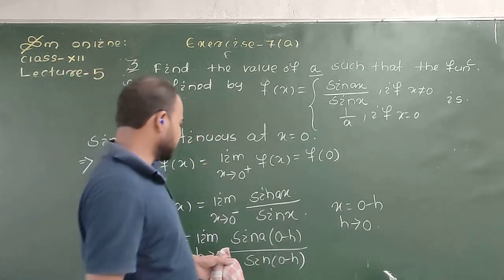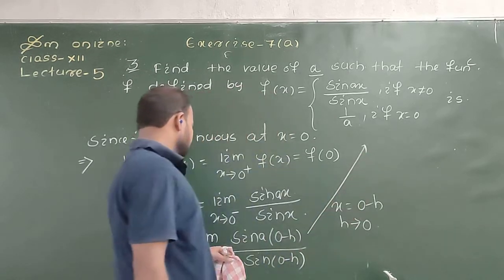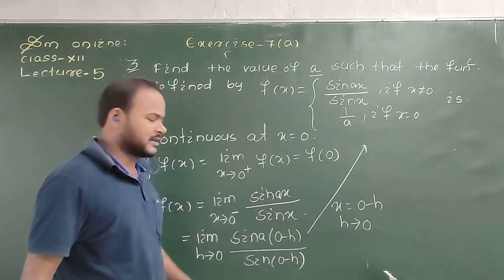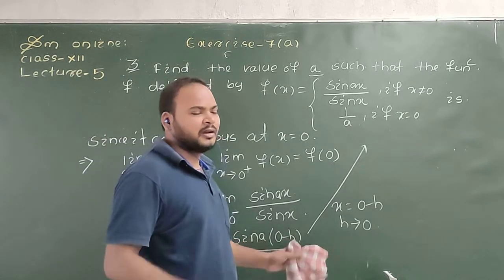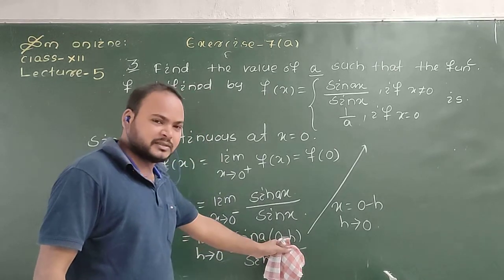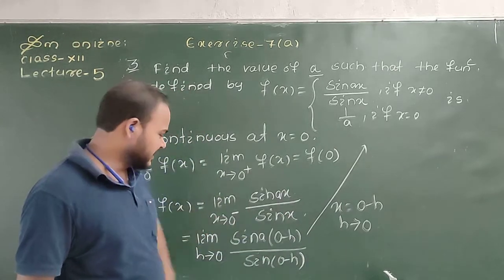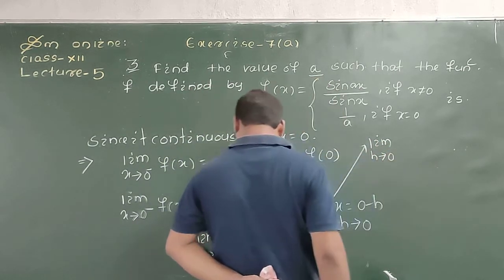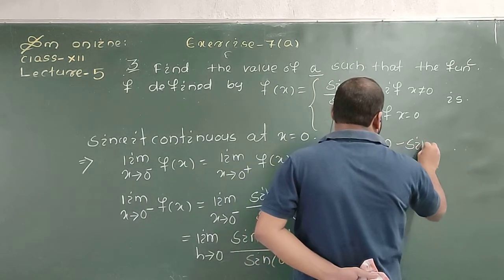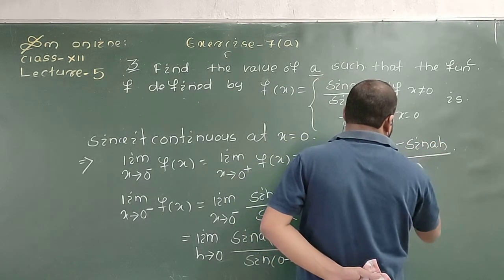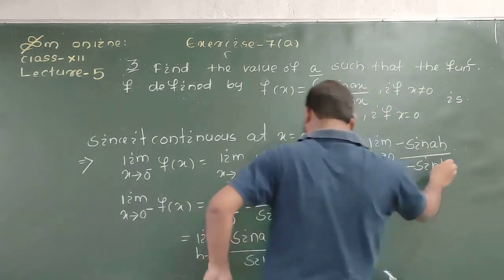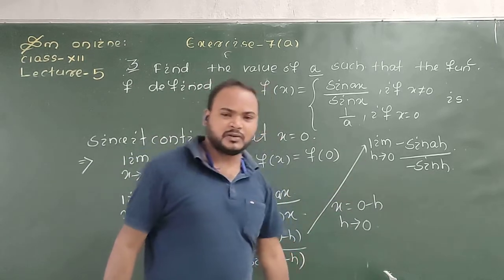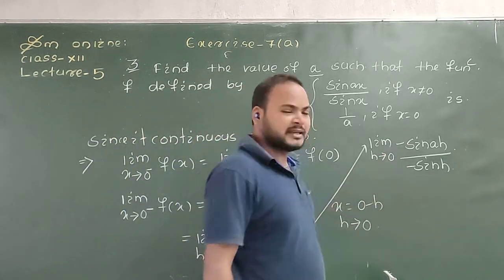Next step: 0 minus h into minus h, sin of a into minus h, that is sin of a into minus h, and sin of minus theta equals minus sin theta. So limit h tends to 0 minus sin ah upon minus sin h, because sin of 0 minus h is sin of minus h, and sin of minus h equals minus sin h. Minus minus cancel.